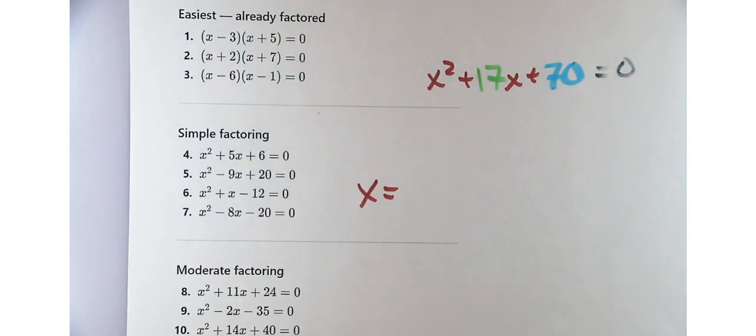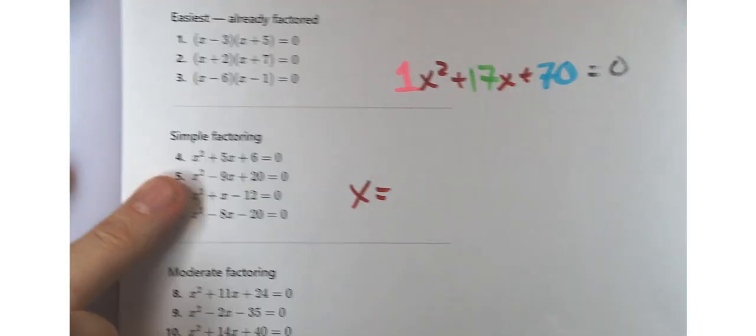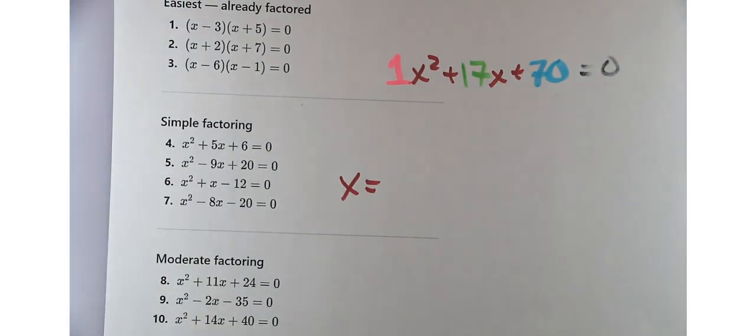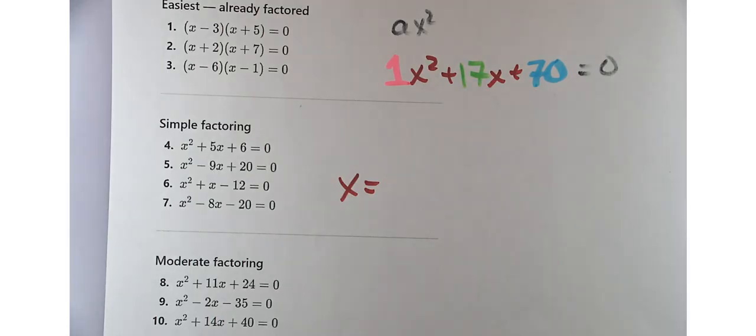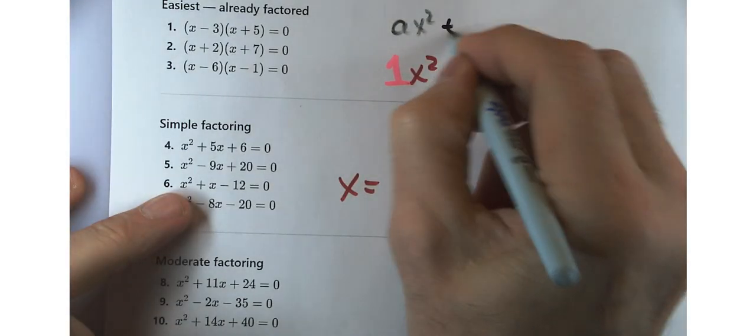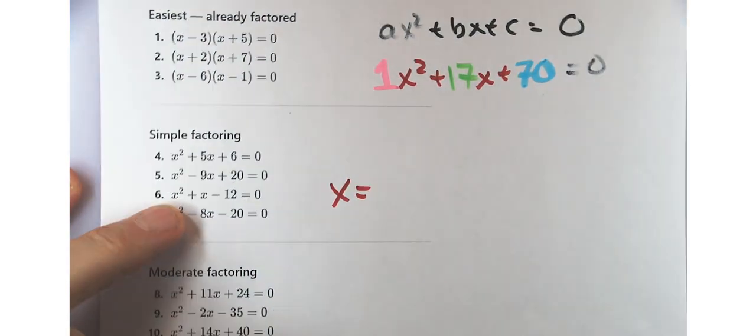And let me just put in a nice friendly 1 out in front here, because that's going to be our a in the quadratic formula. So we're going to have ax squared plus bx plus c.